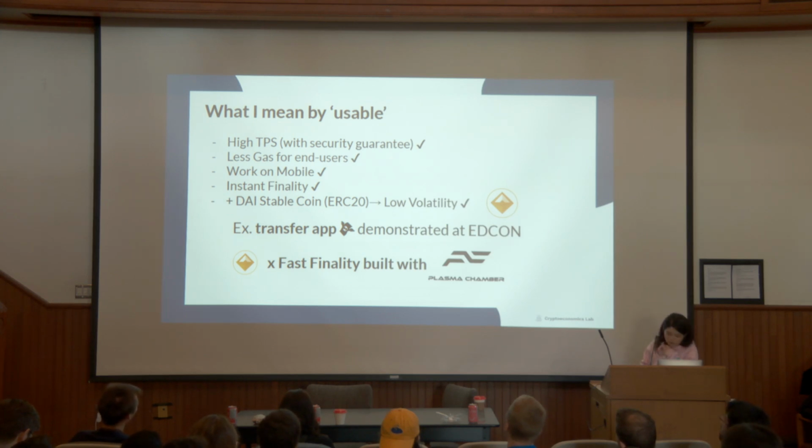These are pretty much common qualities of Plasma, but in addition, a dApp built on top of Plasma Chamber will be able to work on mobile with instantaneous finality. We built this app with a fast finality function with the stablecoin.